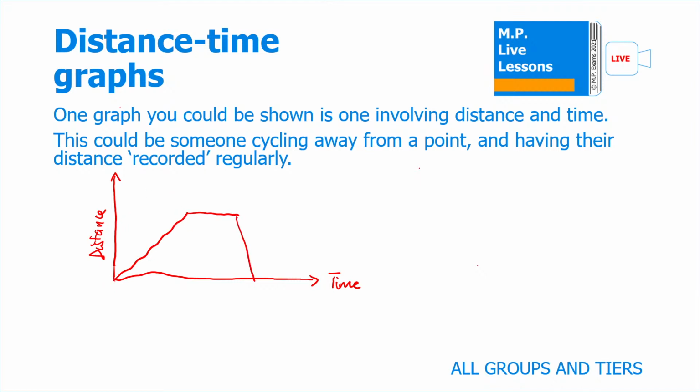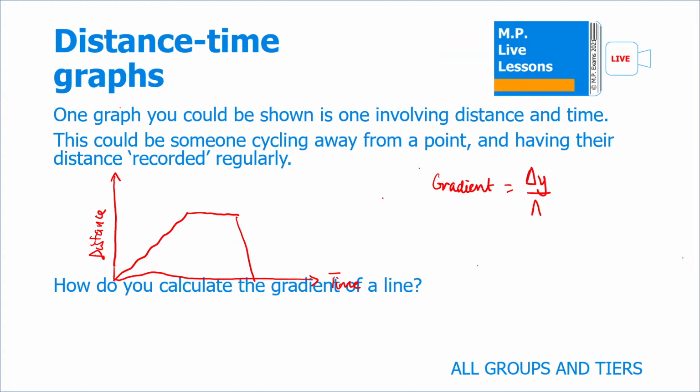Now this is a simple graph, and you could be asked to calculate the gradient. But what does this gradient show? Now the gradient is your change in y divided by the change in x. Now the thing is, the y-axis represents the distance, and the x-axis represents the time.